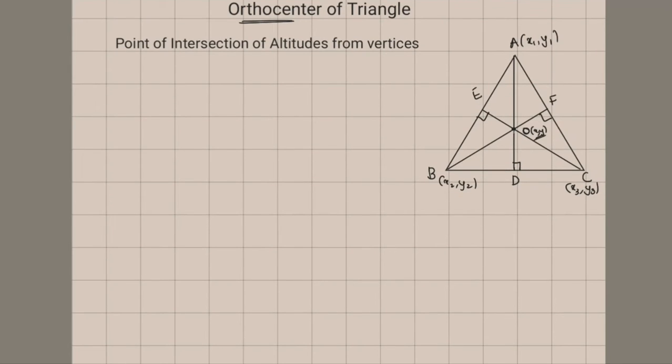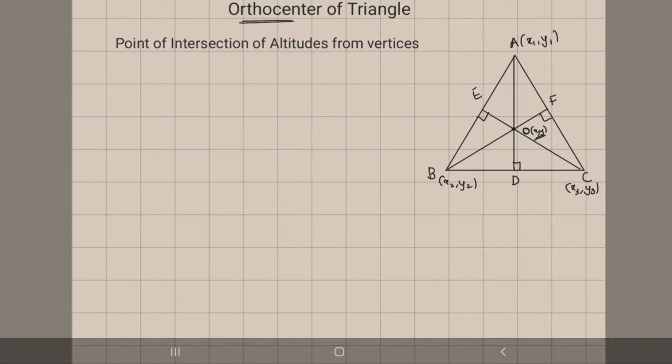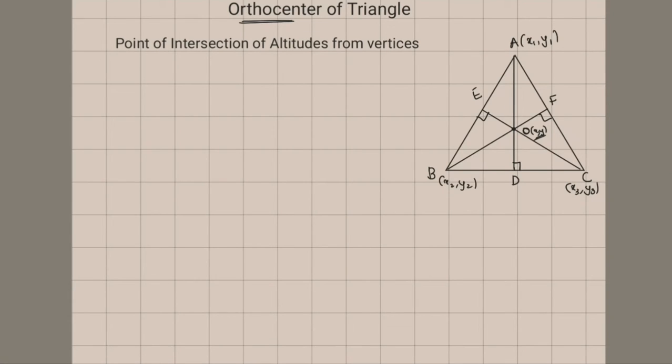So now we need to find the point O, which is the intersection of any two heights. Let's say AD is the line equation of one height and BF is the line equation of the other height. If you find the intersection of those two heights, you get a point O. Or else you can take the other two heights, and if you find the intersection, you will get the same O, which is the orthocenter of the triangle.